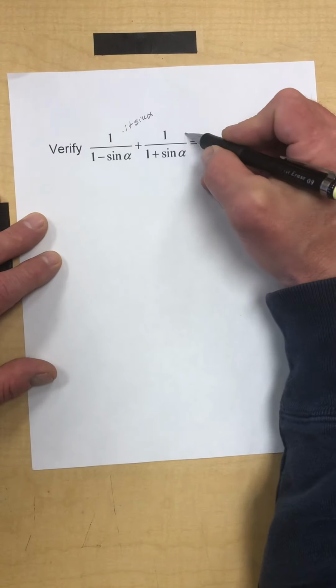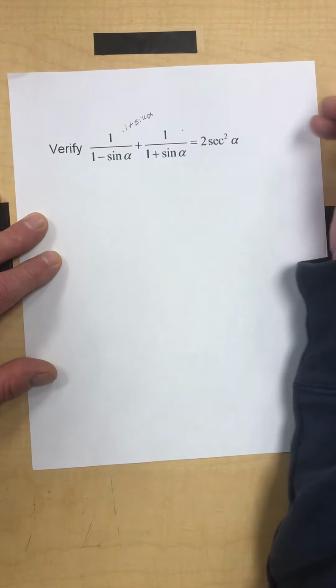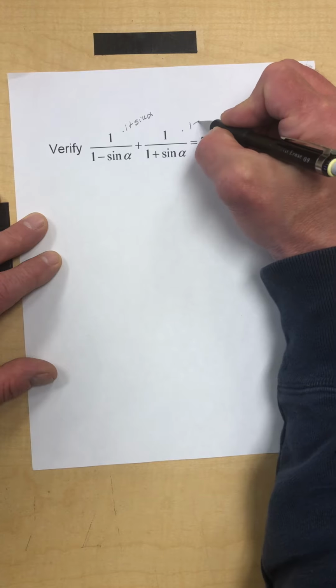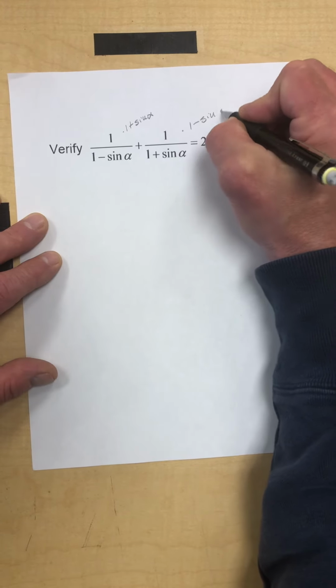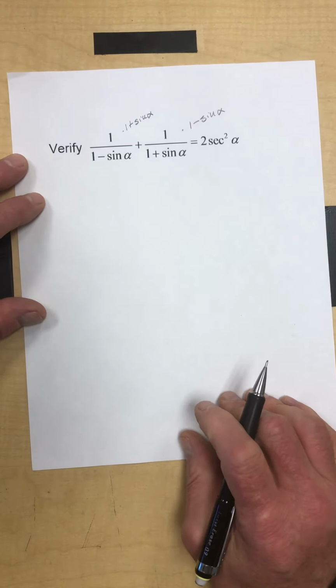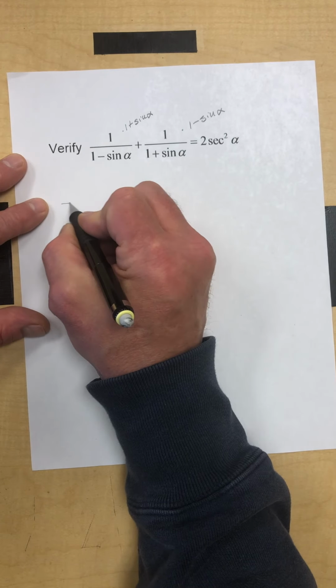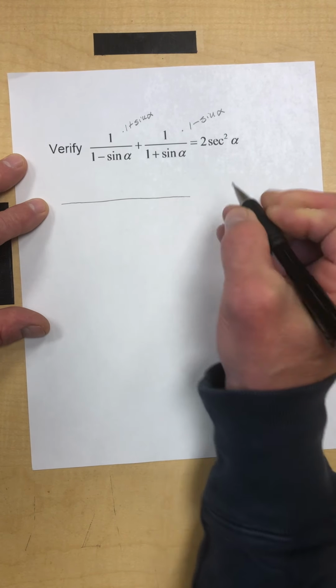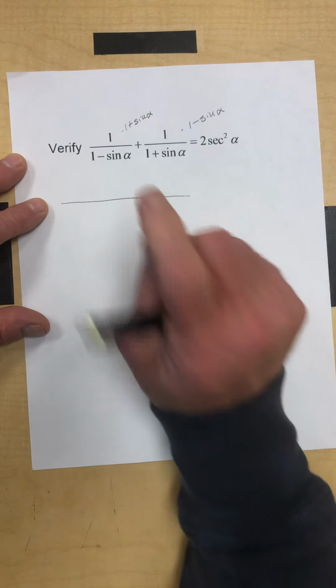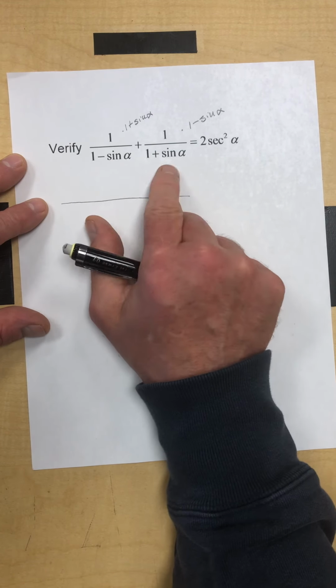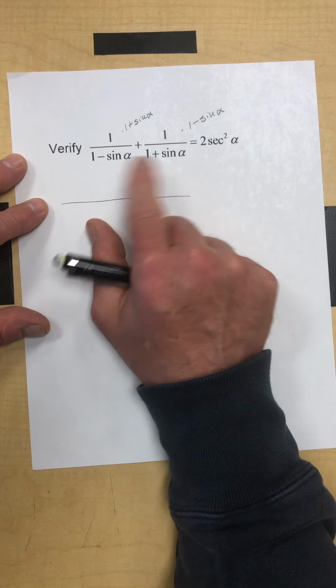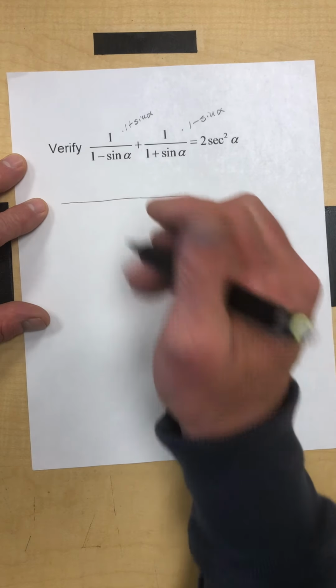And this guy would have to multiply above and below, okay, by 1 minus sine of alpha. Okay, so let's see. So the whole thing is going to be over the denominator that results from multiplying these two guys together. And notice they're conjugates, so that's going to give me a difference of squares.